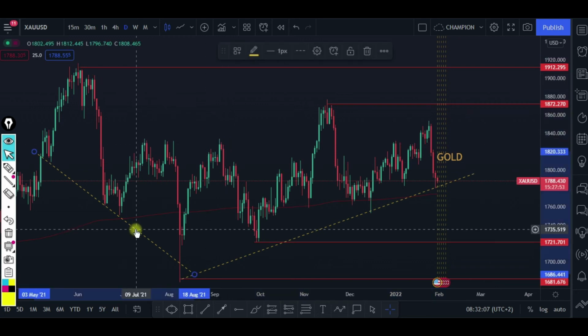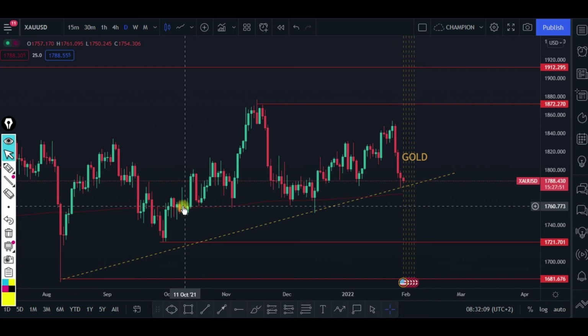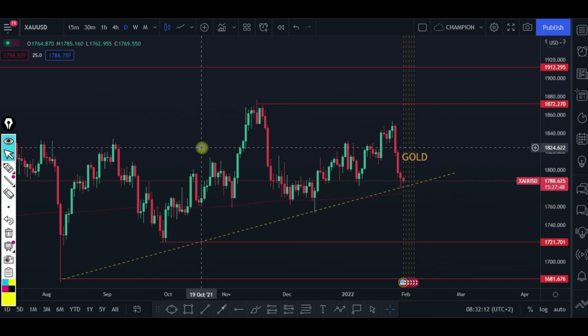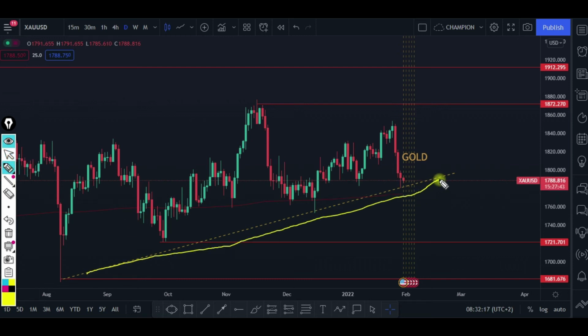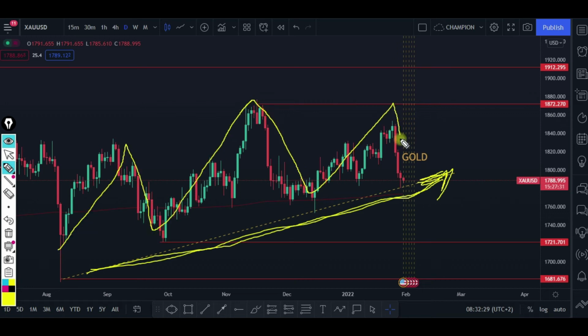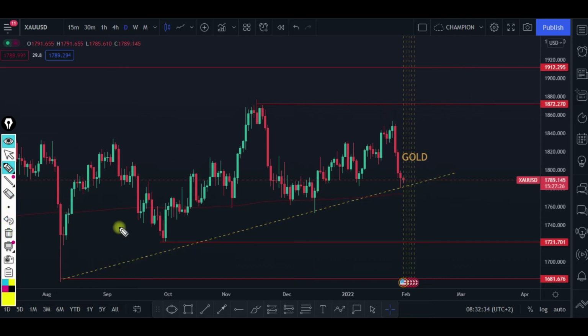Are you able to see what I'm showing? This is the daily time frame, and on the daily time frame it shows us that the market is moving with the uptrend, the bullish trend. As you can see, it is making very beautiful moves. I want to remind you that we had a higher high, lower low, lower high.